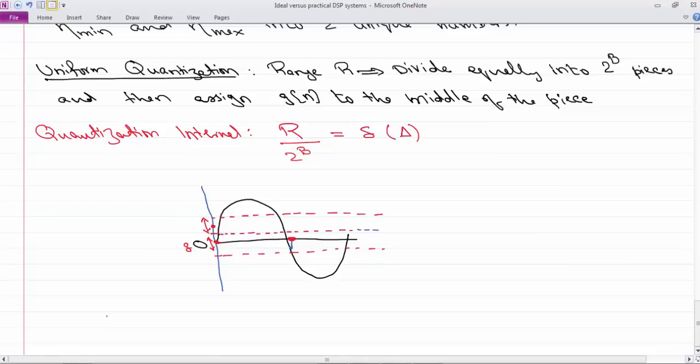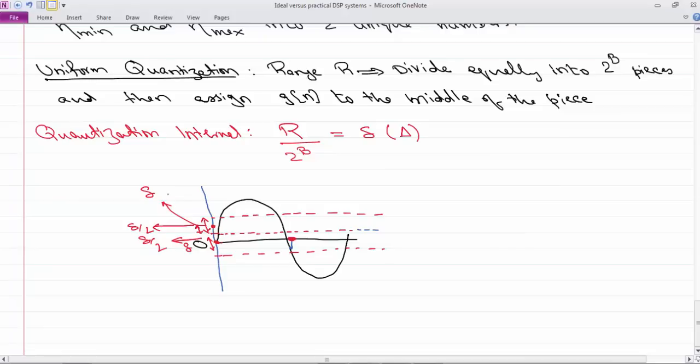If my interval is delta, then delta by 2 is the half. So this part is delta by 2, and this part is delta by 2 also. So the next value that gets assigned is actually delta. So I have one value which is 0, and the next value that I assign is delta.